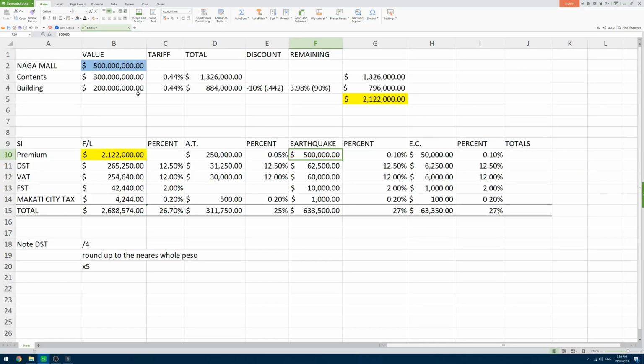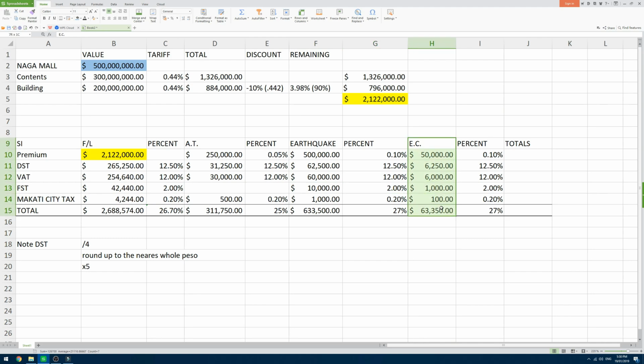So, the same applies: from the 500 million, that's your basis, multiply it by the percentage, which gives 500,000 plus taxes and legal documents. The total is 633,500. The taxes are 27%. This one has FST because earthquake and earthquake shock can cause fire damage or start a fire. So, in case of fire after an earthquake, the firefighters will come to you.